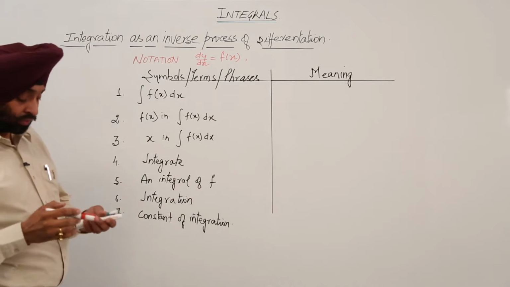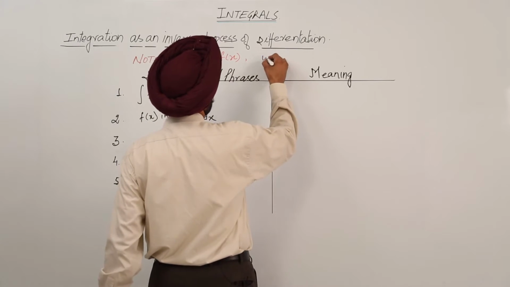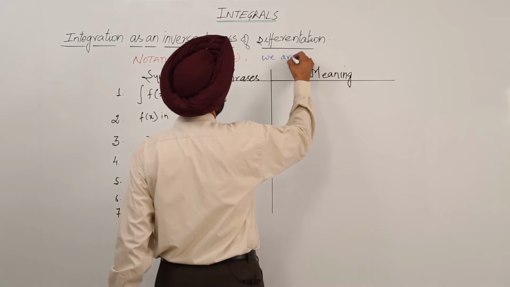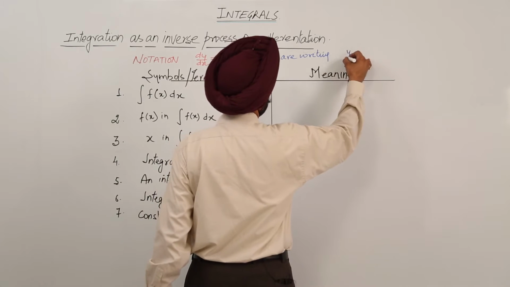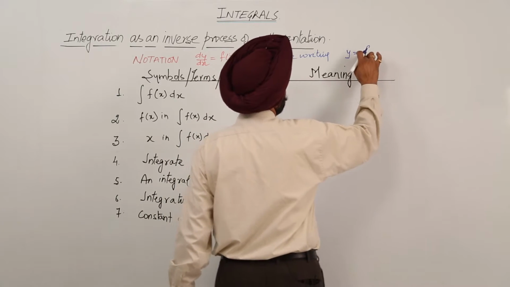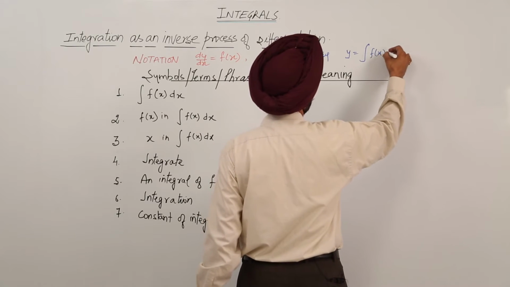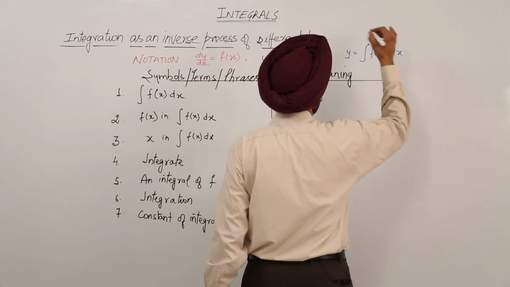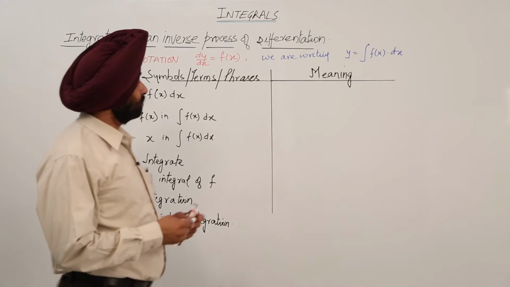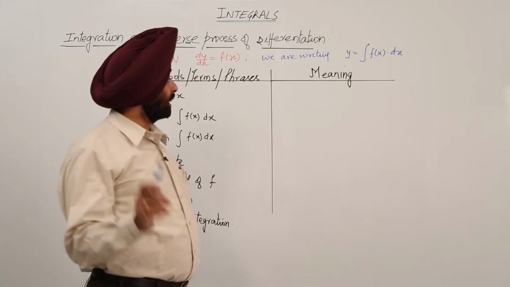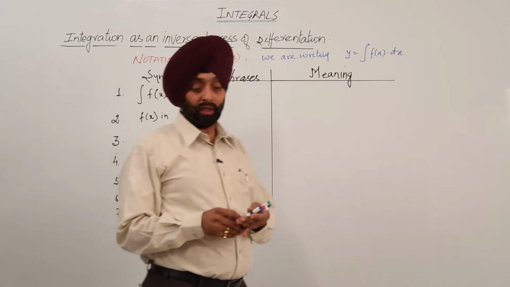Then, as I told you for the integration part, we write y is equal to the integration of f(x) dx. Now dy by dx is equal to f(x), and we write y is equal to integration of f(x) dx. Now you are very much clear about this symbol for integration.